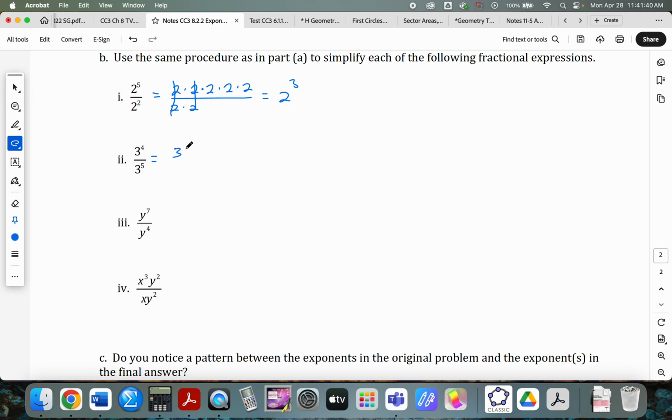All right, if we have 3 to the 4th, so 4 3s in the numerator, over 5 3s in the denominator, what is that equal to?